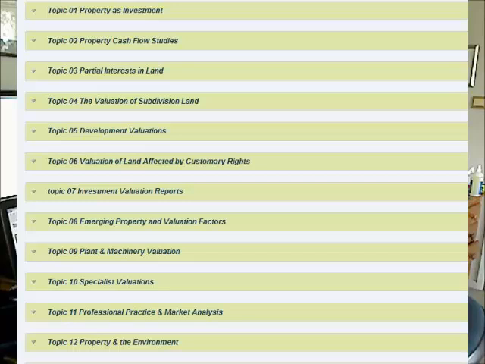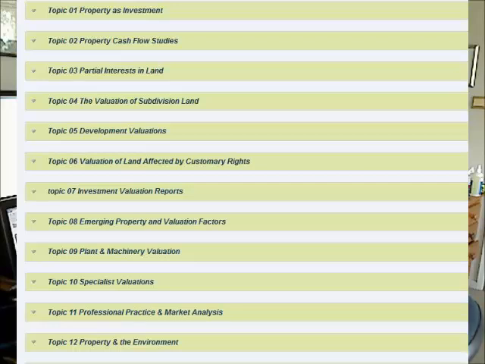So that takes us through our 12 modules, and hopefully they have given you a rounded understanding of the most challenging aspects of property economics and property valuation.